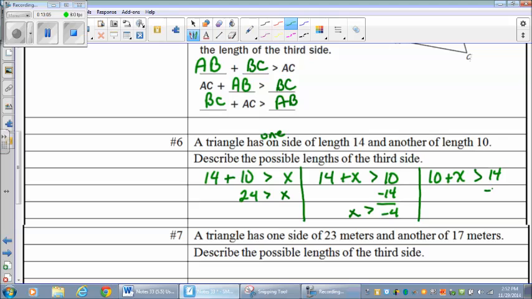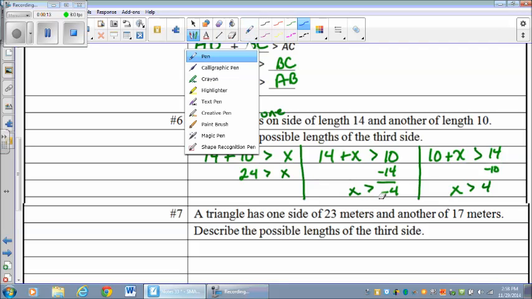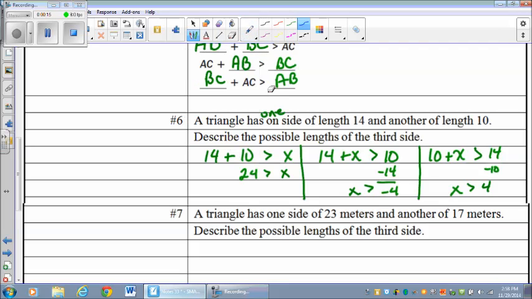I subtract the 10, that tells me x is greater than 4. Okay, so I have 3 answers here that I'm looking at. For number 6, it says the x's are going to be less than 24, or the x's will be greater than -4, or the x's will be greater than 4.